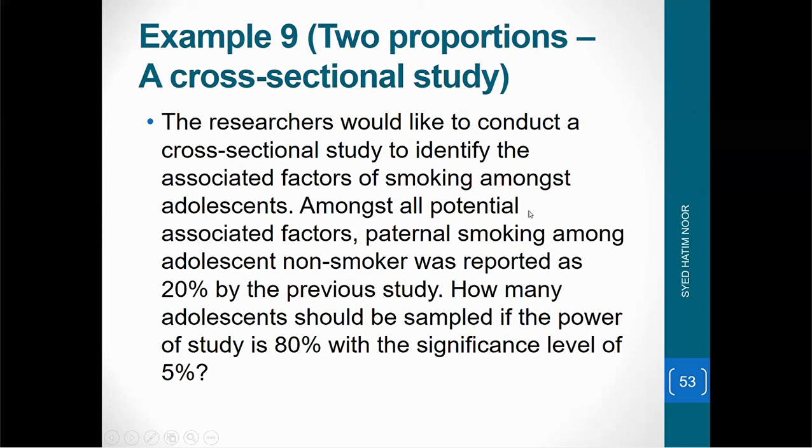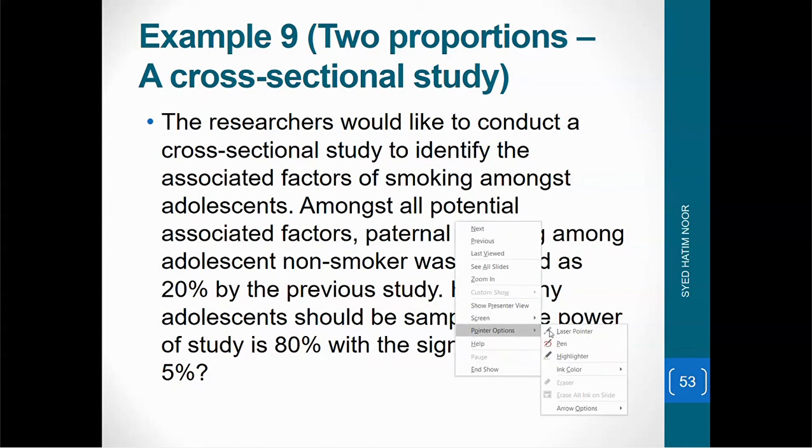This example is to identify the associated factors of smoking among adolescents. One of the factors is paternal smoking. In the previous study, paternal smoking among non-smokers is 20%.